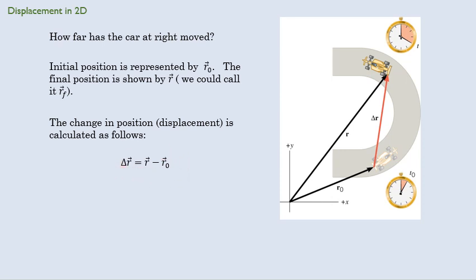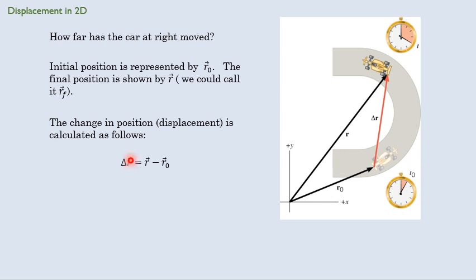So if this were one-dimensional, and say we were at x equals 2 initially and moved to x equals 8, then we would have 8 minus 2, and the change in position and displacement would be 6, say in meters.